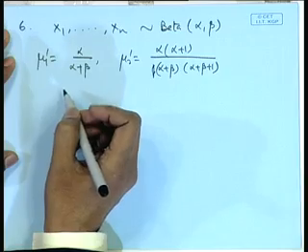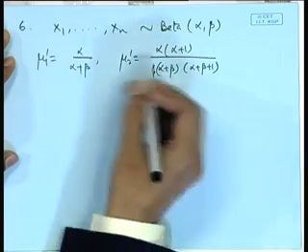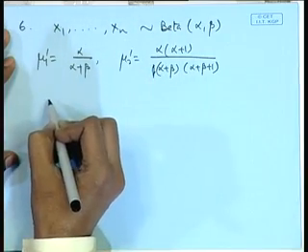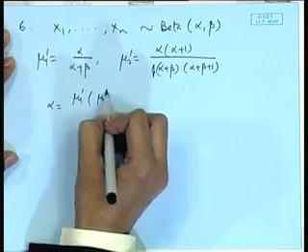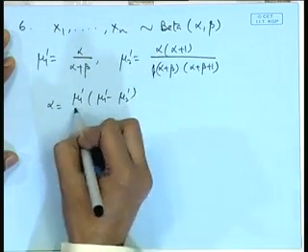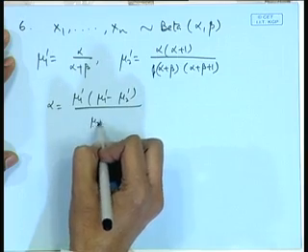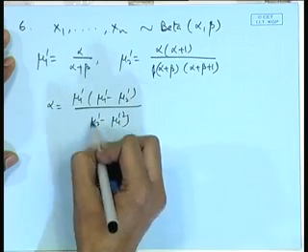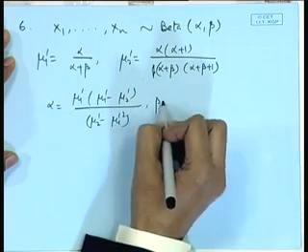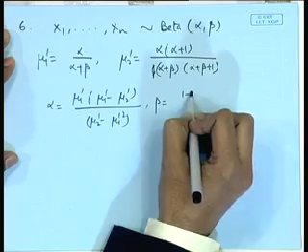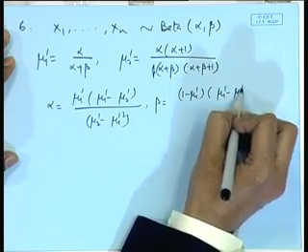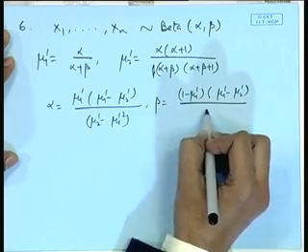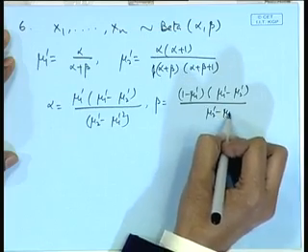Now, if we solve these equations, this is quite cumbersome, and the solutions turn out to be alpha is equal to mu 1 prime (mu 1 prime minus mu 2 prime) divided by (mu 2 prime minus mu 1 prime square), and beta is equal to (1 minus mu 1 prime)(mu 1 prime minus mu 2 prime) divided by (mu 2 prime minus mu 1 prime square).